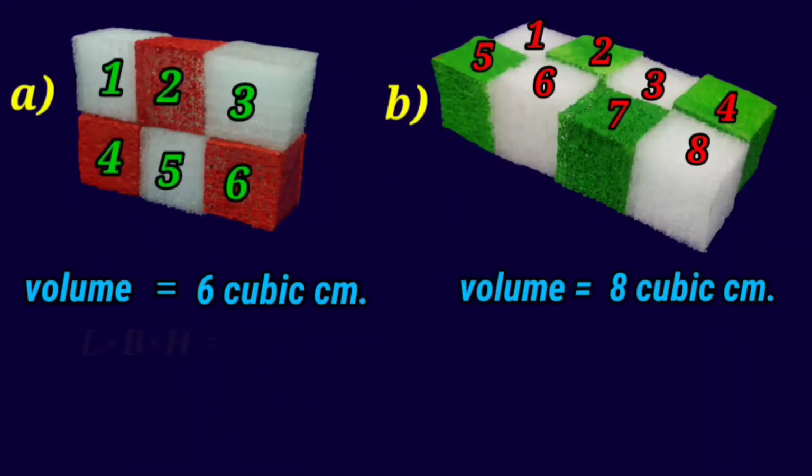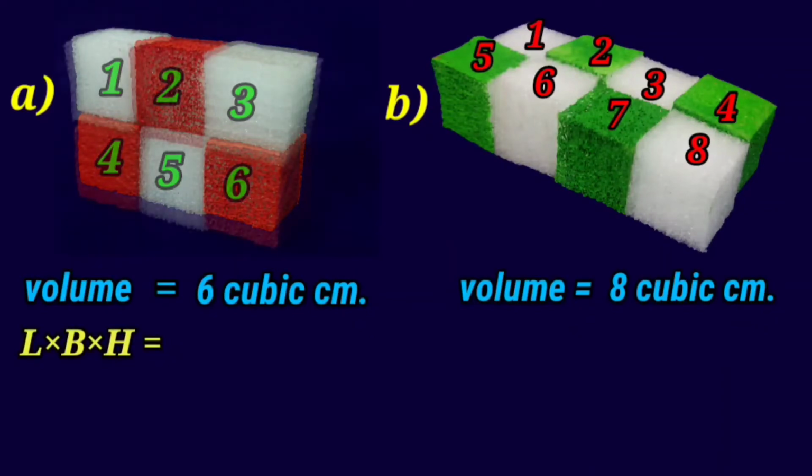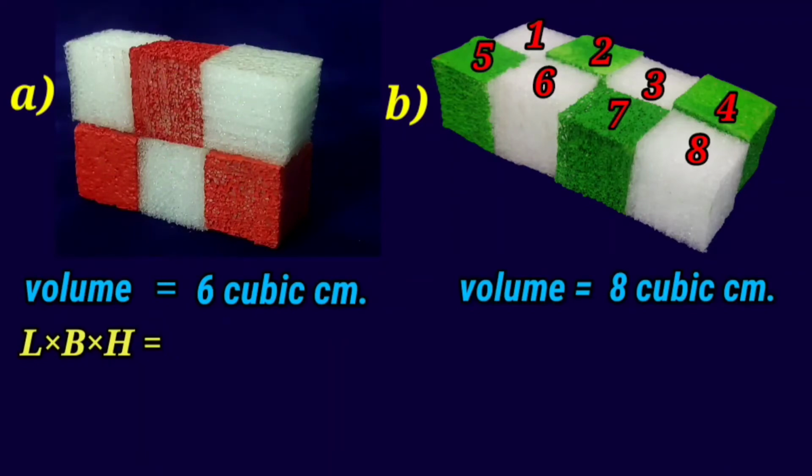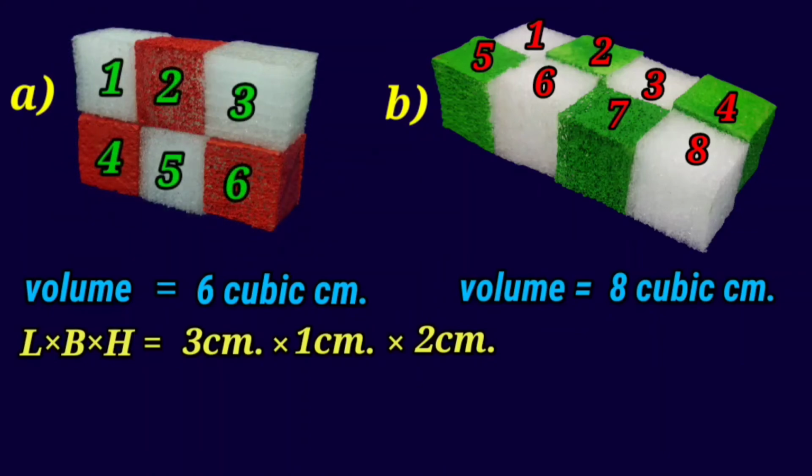Now, let us find the product of length, breadth and height of these cuboids. In figure A, number of cubes along its length are 3, so its length is 3 centimeter. Number of cubes along its breadth is 1, so its breadth is 1 centimeter, and number of cubes along its height are 2, so its height is 2 centimeter, and this way the product of length, breadth and height is 6 cubic centimeter.